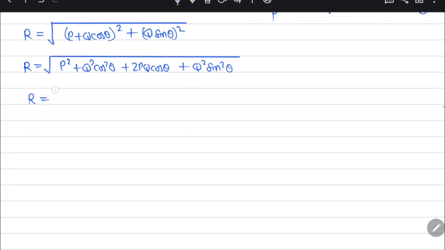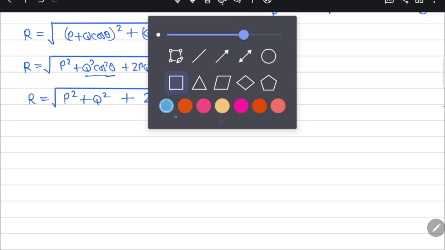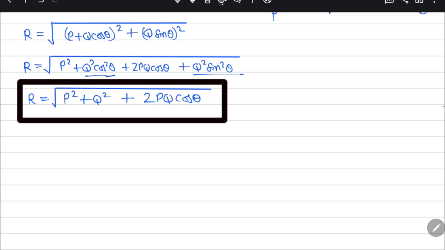So the resultant of it is coming out to be P square plus, if I take Q square common, sin square theta plus cos square theta becomes 1, and left is 2PQ cos theta. You're getting my point? This angle is theta. So the resultant of it is coming out to be P square plus Q square plus 2PQ cos theta.